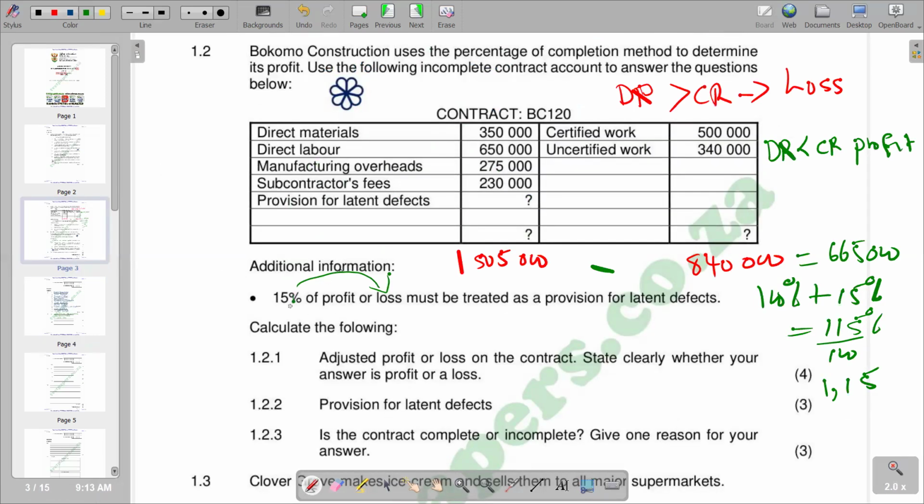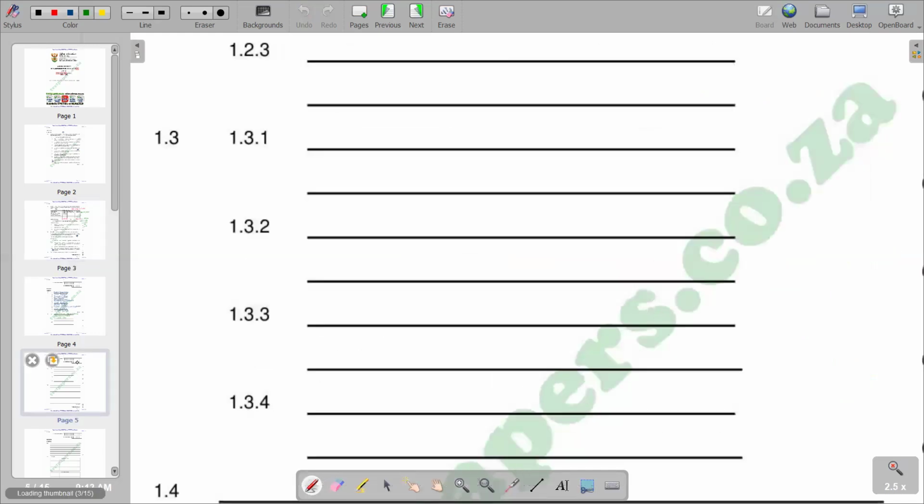So this is the provision for latent defects, 15% of 665,000. So it's as easy as it is.